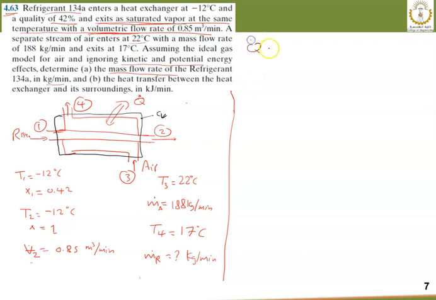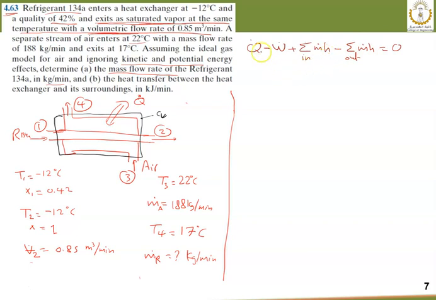If we write the energy equation, Q dot minus W dot plus the summation of inflows of m dot h minus the summation of outflows of m dot h equals 0, because the kinetic and potential energies are not there.